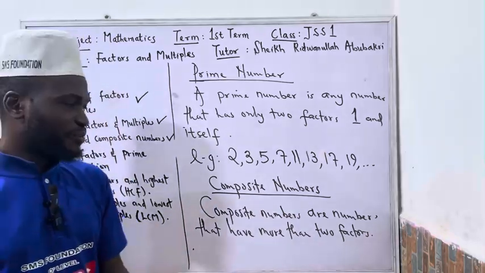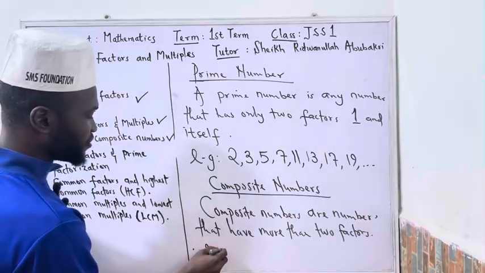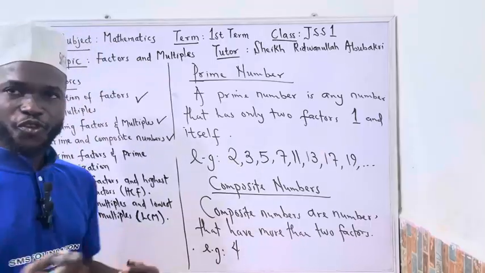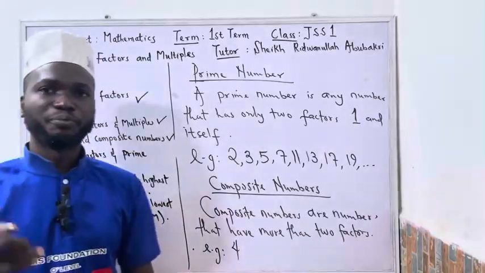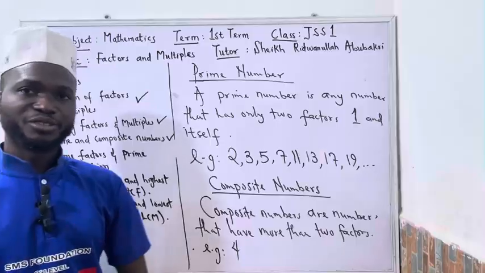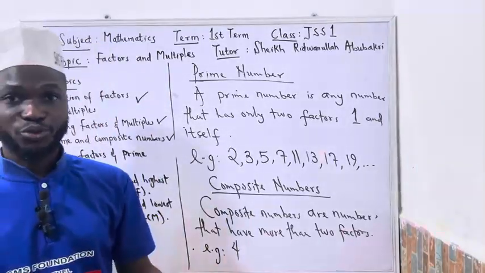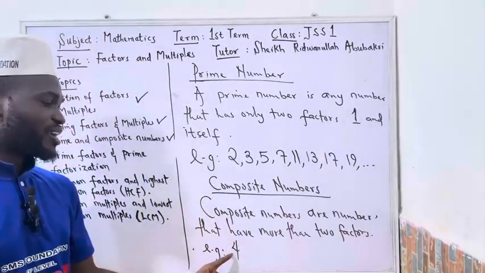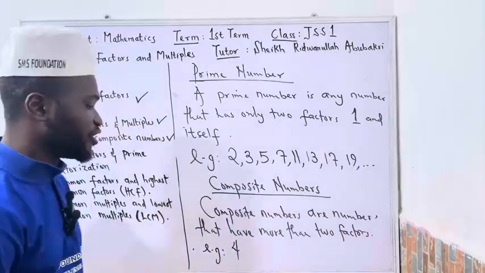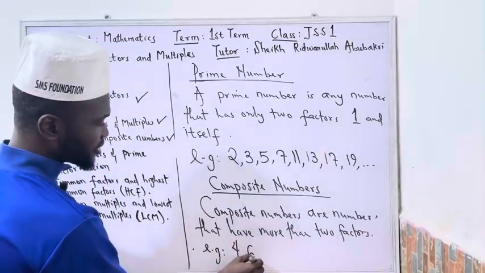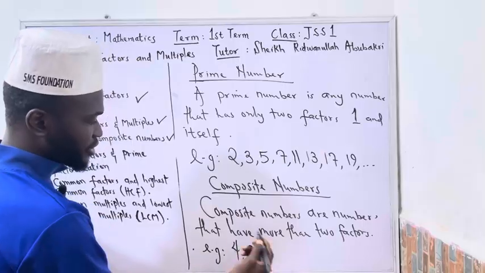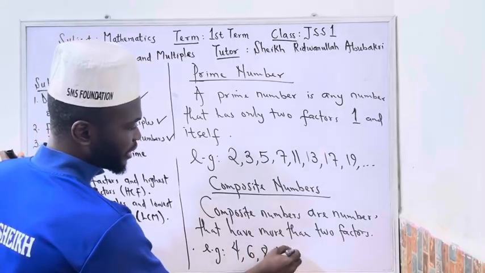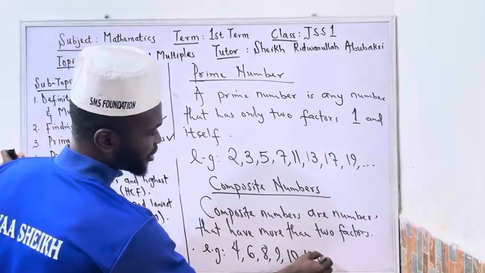So examples of such number, the one that is very close to us is 4. 4 is a composite number because 4 can be broken down as 1 times 2, 1 times 4, and 2 times 2. So that means apart from 1 and 4, 2 can still divide 4. So another one is 6, another one is 8, another one is 9, 10, 12, and so on.